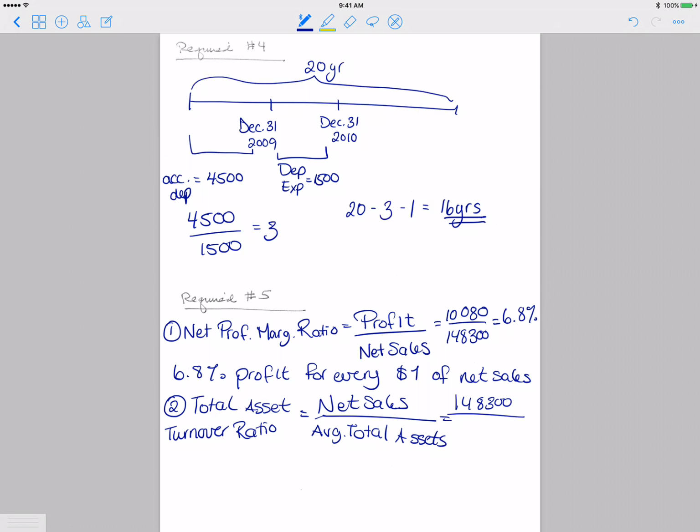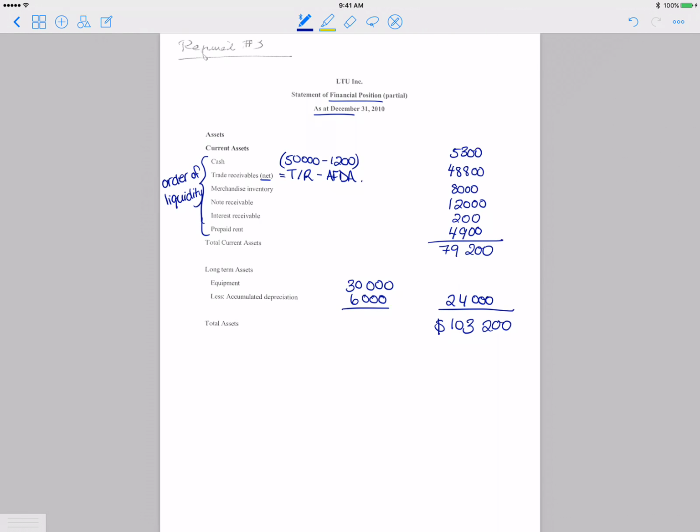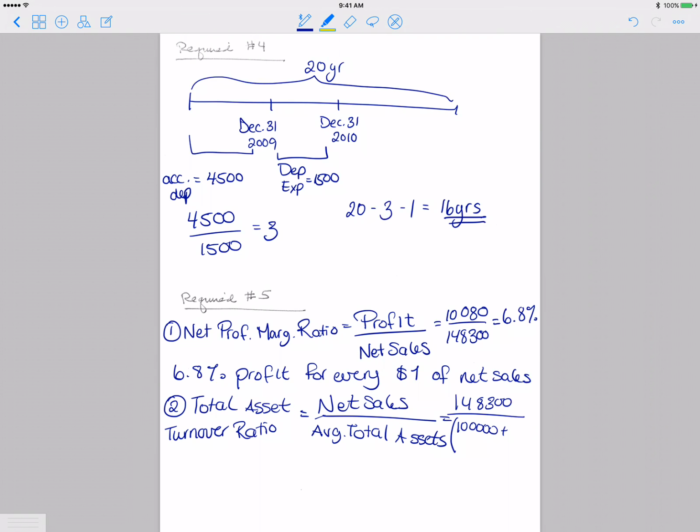We know that we were told before that we have $100,000 of assets as at 2009, and we also know that our total assets for 2010 were the ones that we found in our balance sheet.